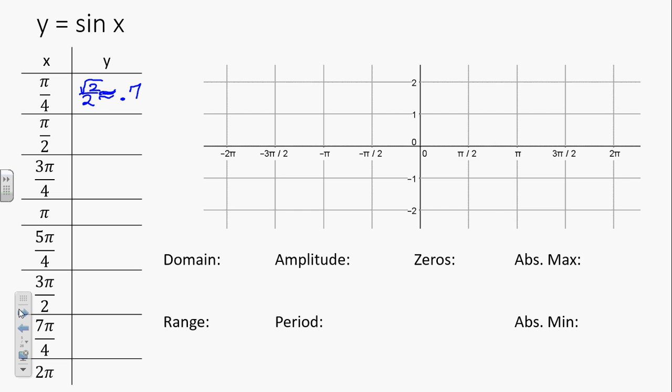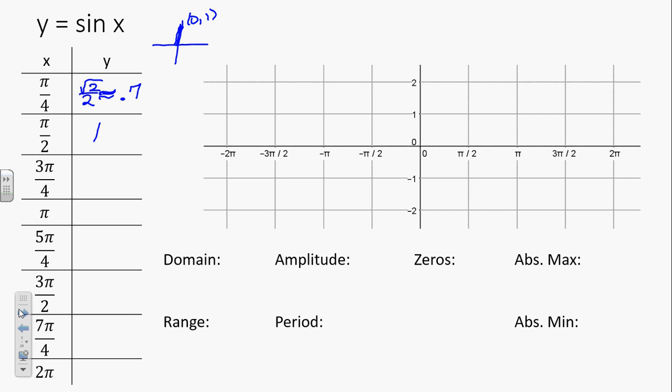All right, sine of pi over 2. So what's the sine of pi over 2? Okay, at pi over 2, we're up here, right? That's the ordered pair 0, 1, up, right? The y value is 1. So the sine of pi over 2 is 1. The sine of 3 pi over 4, got another 45-degree angle here, right? Again, it's going to be root 2 over 2, right?